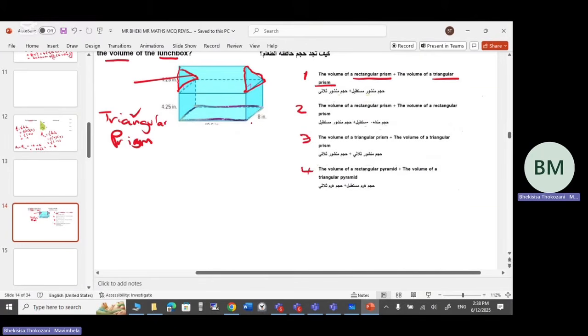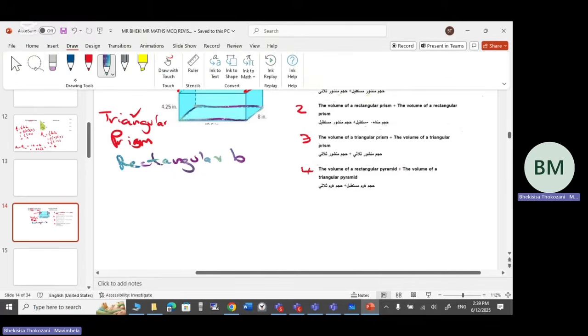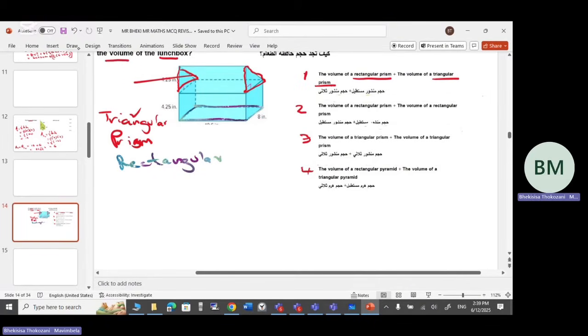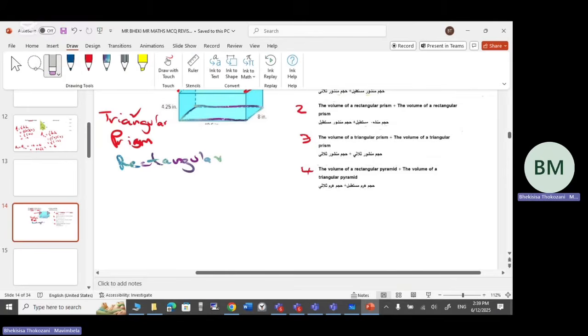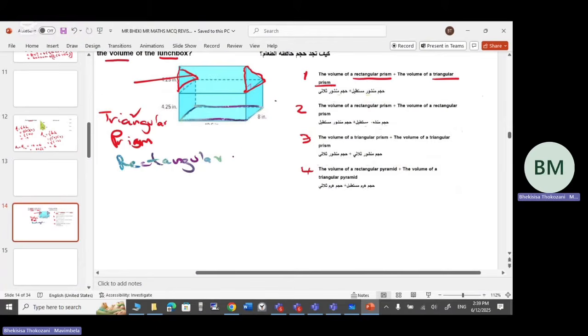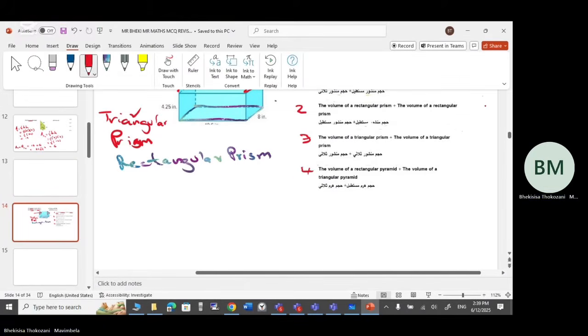So we can say now that the other one is called a rectangular prism, based on the shape of the base. So it is a rectangular prism. Now let's see which one will match these two.